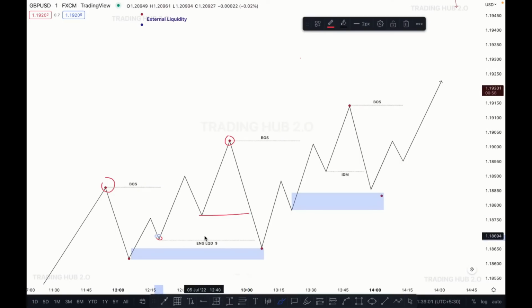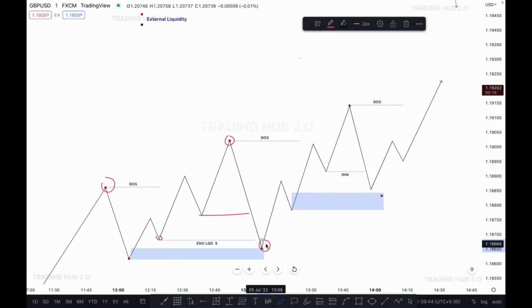So what is the meaning of these two types of liquidity? First is inducement, which gives a 50% chance of the market going in your favor, and maybe the market pushes downside to take engineering liquidity and then goes higher. So engineering liquidity is our high probability zone to take a buy or sell on this trade. It depends on whether the engineering liquidity or inducement is valid or not.